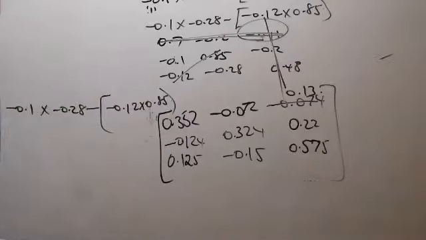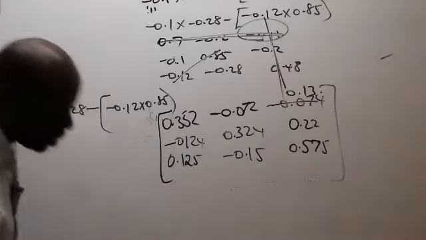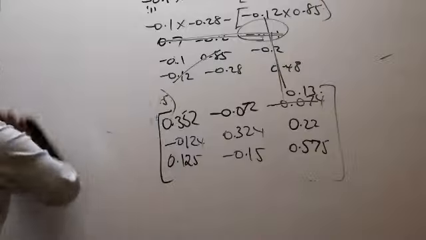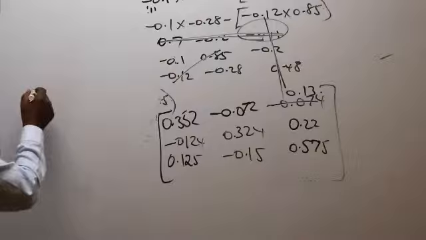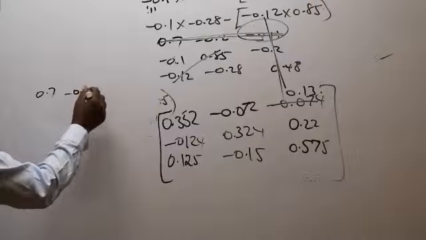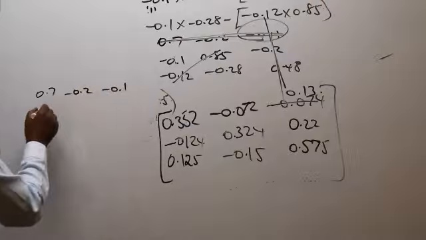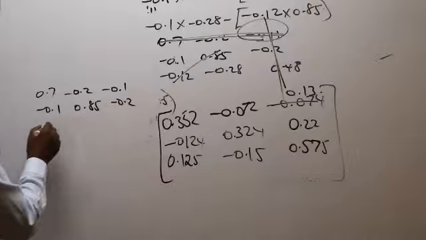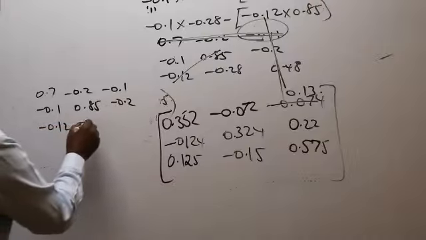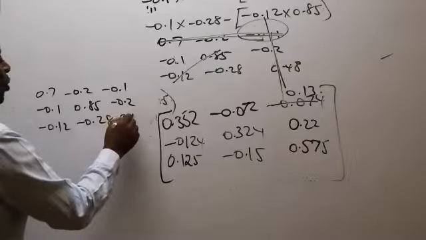For minus 6, ladies and gentlemen, this is quite a simple thing. This is what I have: 0.7, minus 0.2, minus 0.1, minus 0.1, 0.85, minus 0.2, minus 0.12, minus 0.28, 0.48.